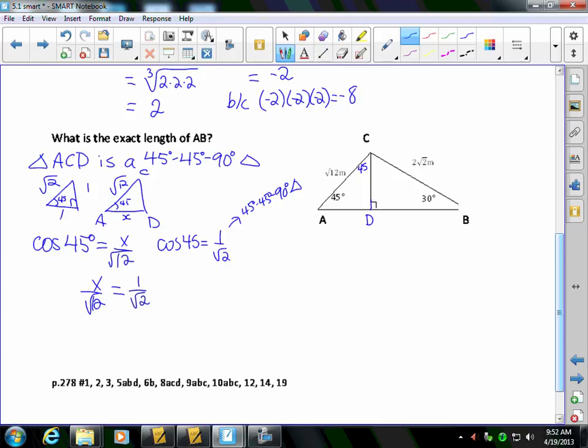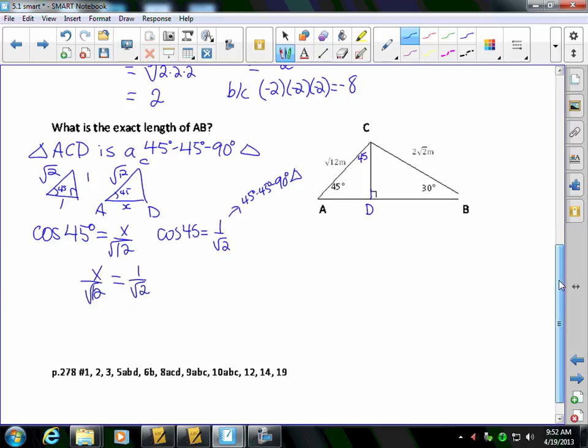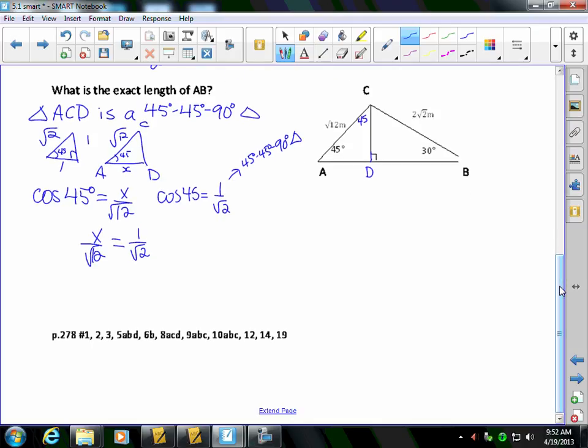So Nicholas, what can I do when I have an equal sign in fractions? Cross multiply. So I have x times square root 2 is equal to 1 times square root of 12, so that's just square root of 12. I need my x by itself, so I divide by square root 2.